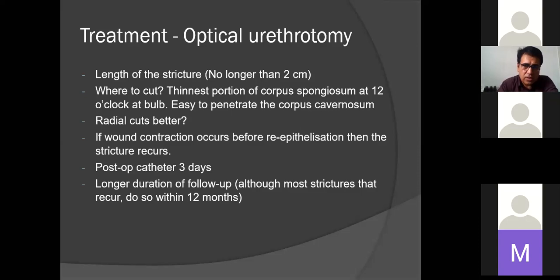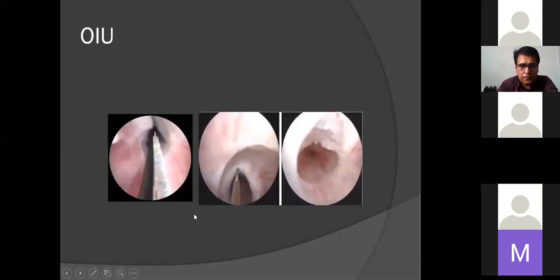It's always at the 12 o'clock position where we cut the urethral stricture. There's reepithelialization afterwards, and once the reepithelialization is there, before the stricture contracts, there will be no problem. But if it contracts early and there's no reepithelialization, there are chances of restricturing. So that's why we keep the catheter inside for at least 3 days, so it does not contract back.